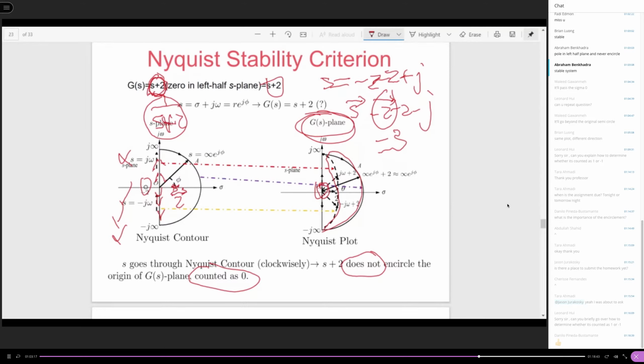I'm not talking about stability here. I'm just talking about the evaluation of the pole in the left half plane or right half plane. We're going to have a chance to talk about stability later, right after we finish this. So at this moment, in your eyes, it is only a pole in the left or right half plane.